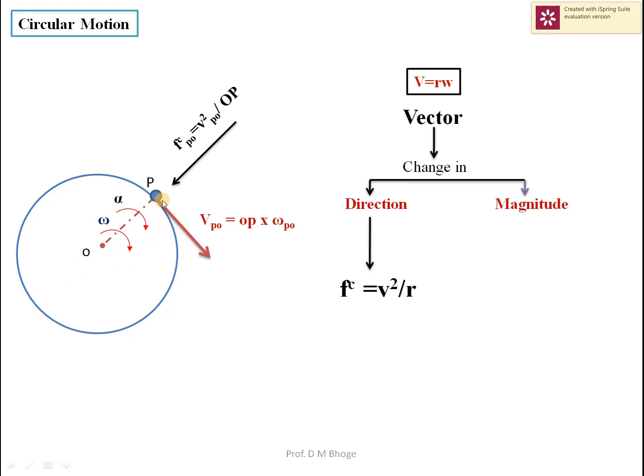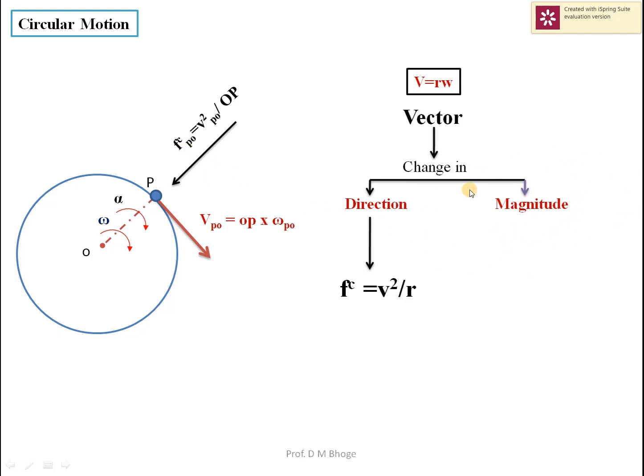You see, when the particle P rotates around the circumference of the circle, its linear velocity has to be tangential to the path of motion at all instances. So this vector will change its direction at all instances of rotation. And for this change in direction of vector VPO, there is centripetal acceleration FCPO.